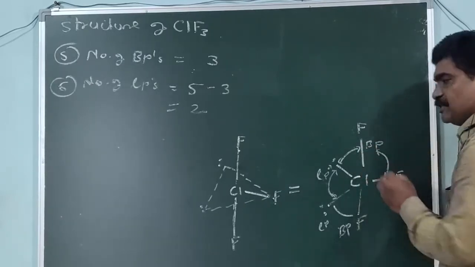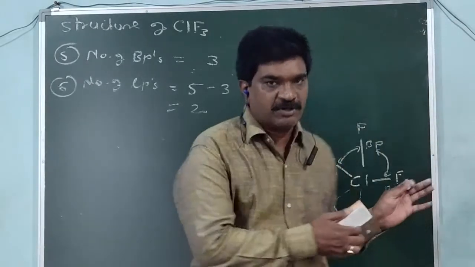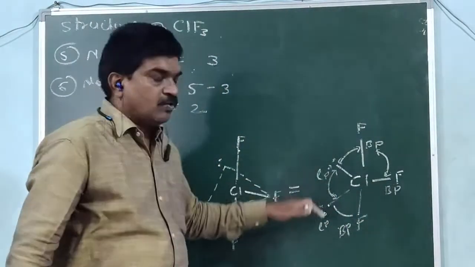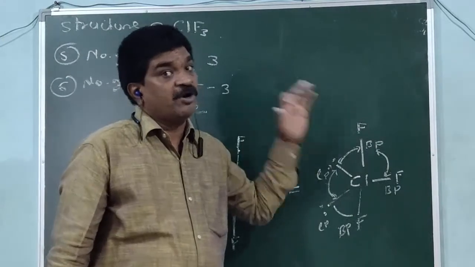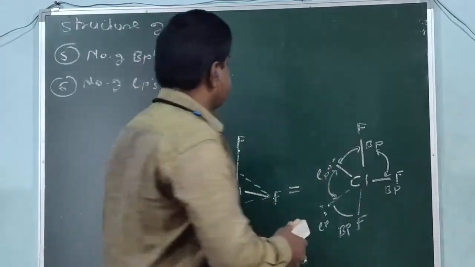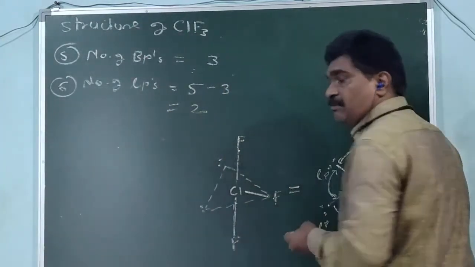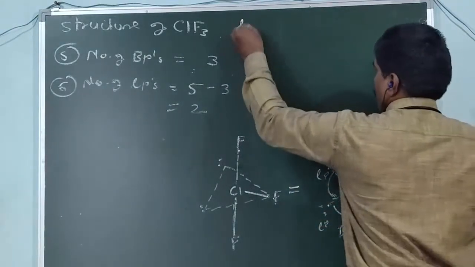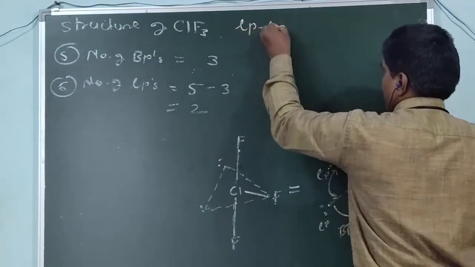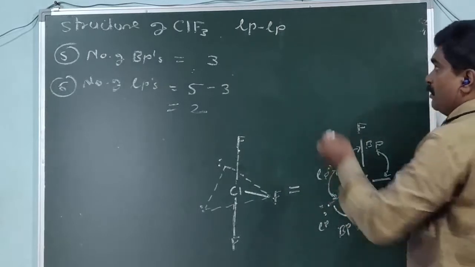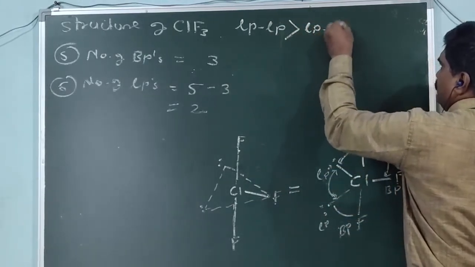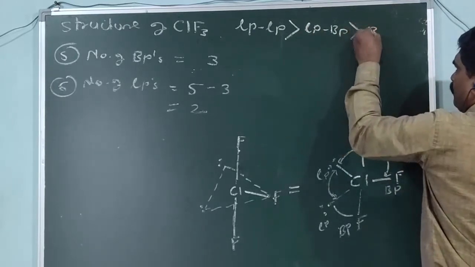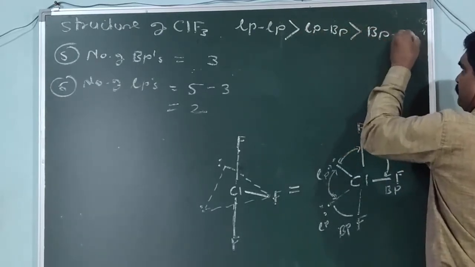So there are three types of interactions that would occur here: lone pair repulsion, lone pair bond pair repulsion, and bond pair repulsion. Now we know that according to rule number 2, lone pair repulsion is greater than lone pair bond pair repulsion, which is in turn greater than bond pair repulsion.